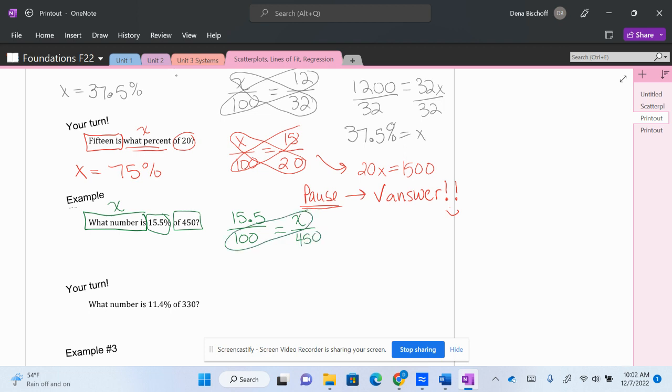Cross multiply. 100x equals 15.5 times 450, 6,975. Divide both sides by 100. X equals 69.75.